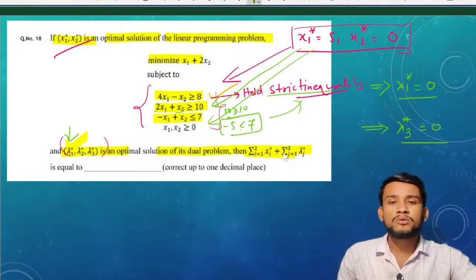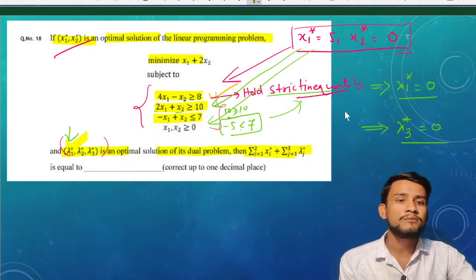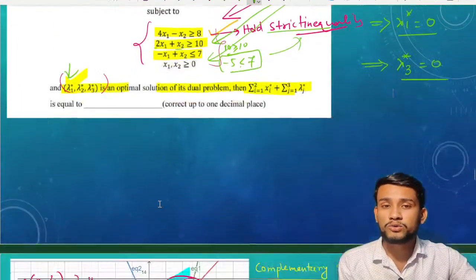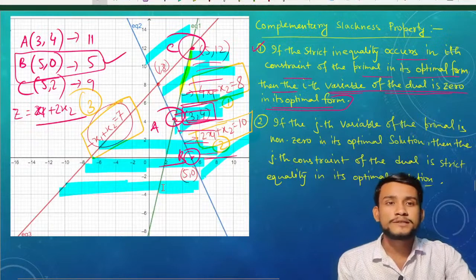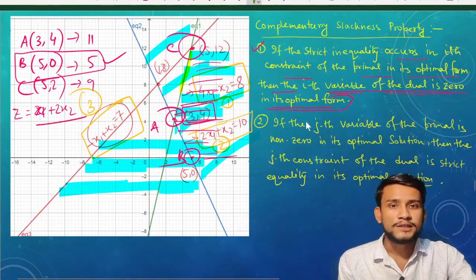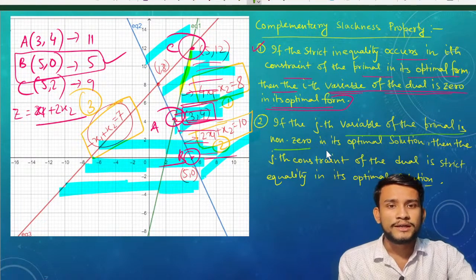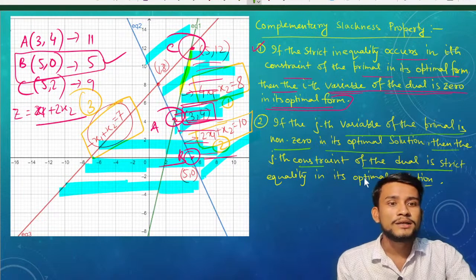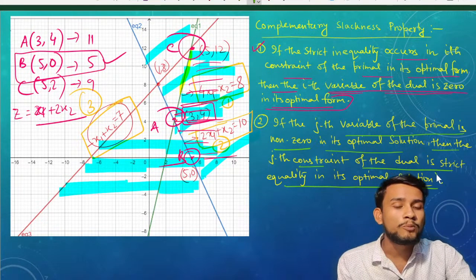Now we only have to calculate the value of lambda 2 star. Now we go to the second part of the complementary slackness property. It says if the jth variable of the primal is non-zero in its optimal solution, then the jth constraint of the dual is a strict equality in its optimal form.